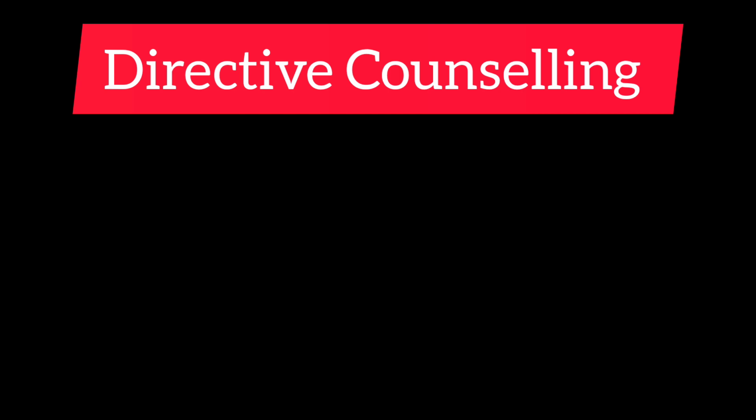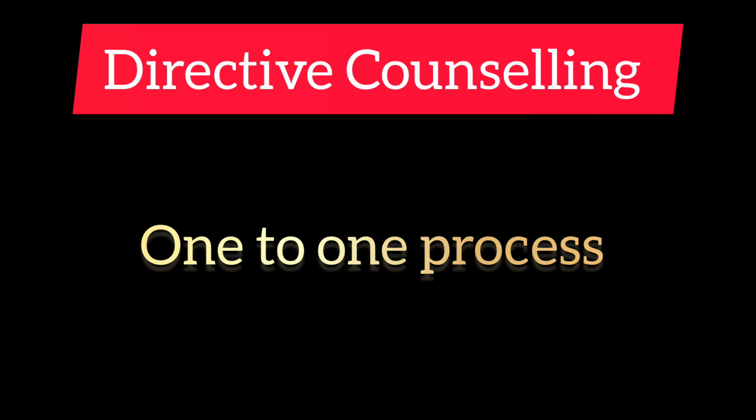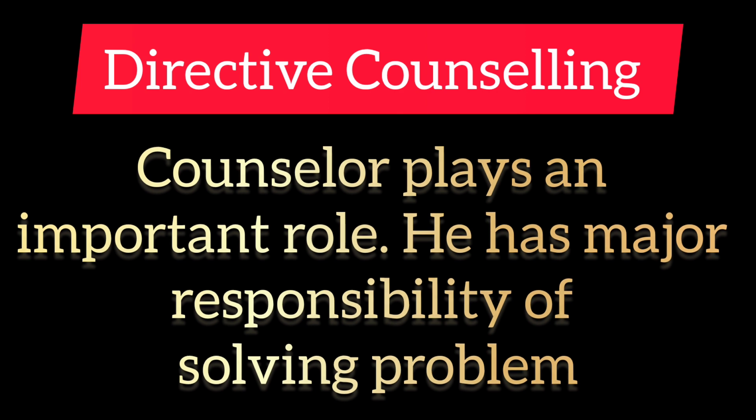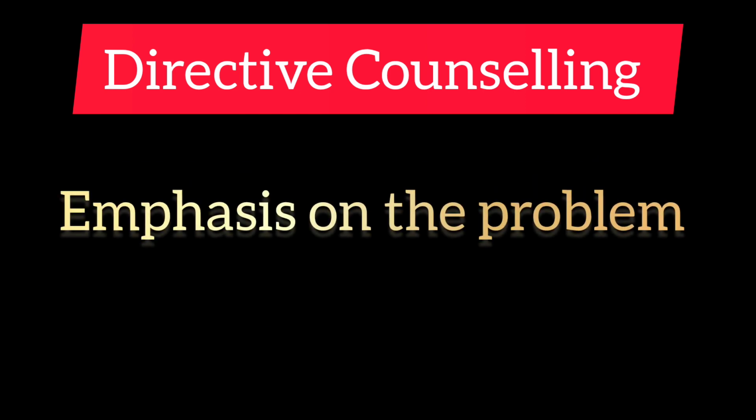Directive counseling is a one-to-one process. The counselor in this process assumes major responsibility for solving the problem. He or she identifies, defines, diagnoses and provides a solution to the counselee, and also informs, explains, interprets and advises the counselee.